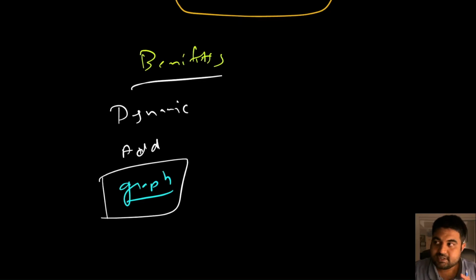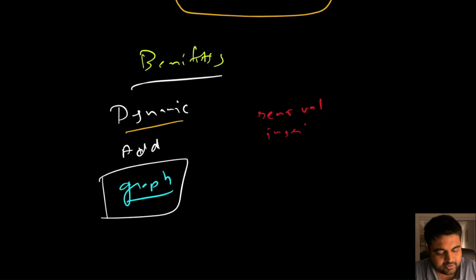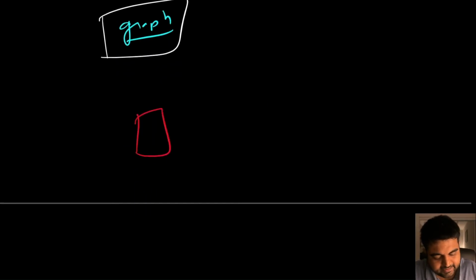But overall, just understand that linked list is dynamic in nature, and it has a good amount of value whenever it comes to removal of any particular node and insertion of any particular node. So let me give you an example. Let's say that I currently have a linked list of these 5 different values.